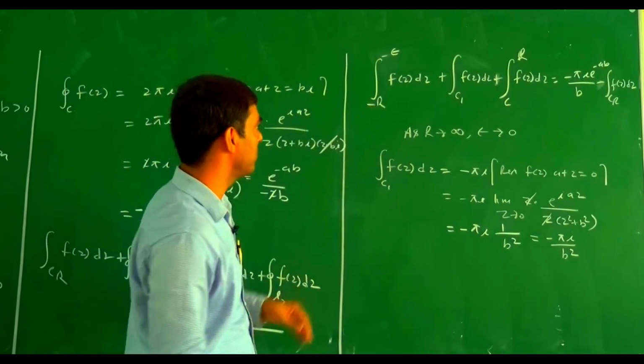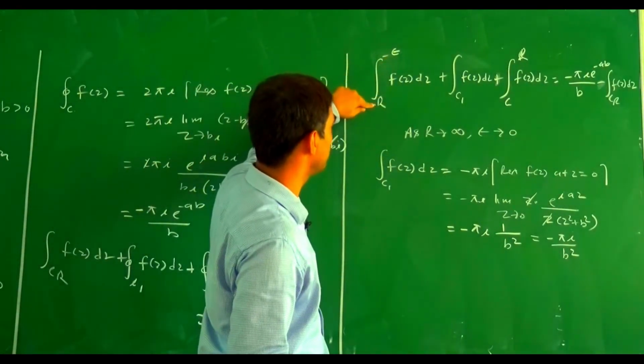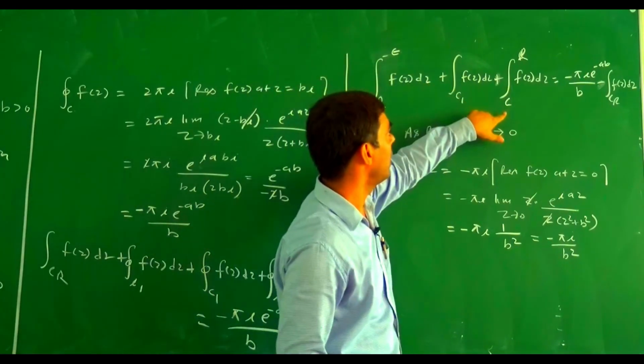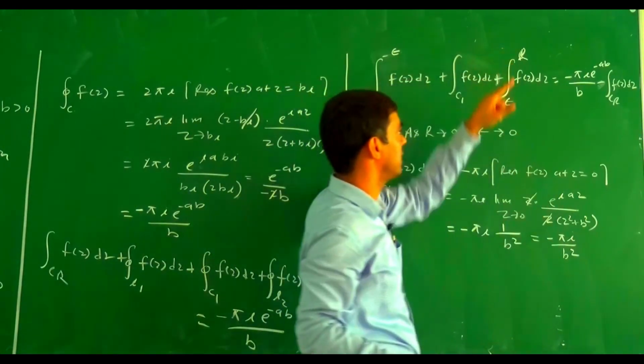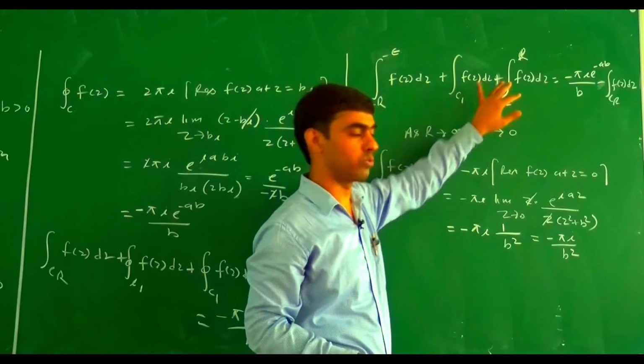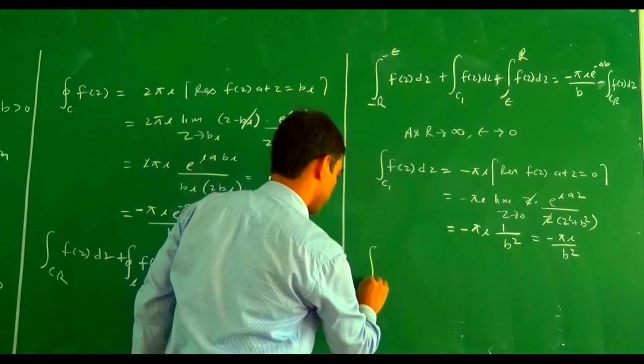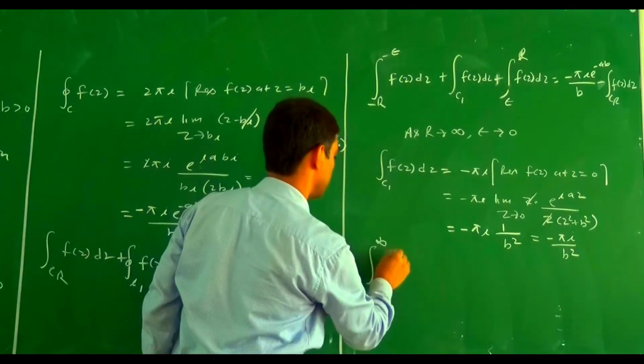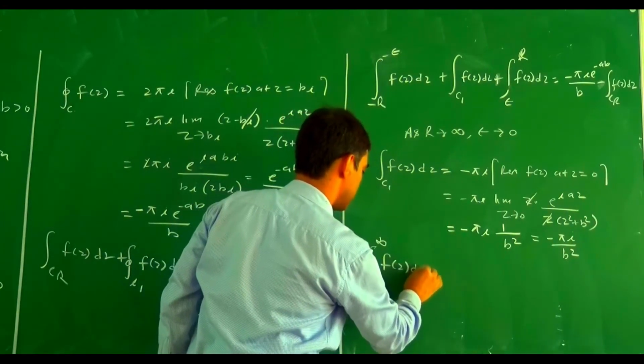If R tends to infinity and epsilon tends to 0, this becomes minus infinity to 0 and 0 to infinity, so we combine them to get the integral from minus infinity to infinity of f(z) dz.